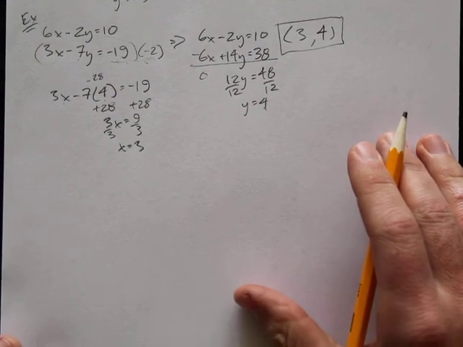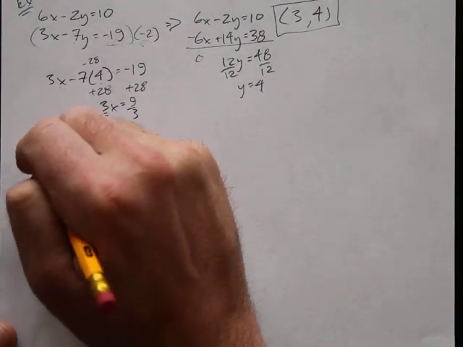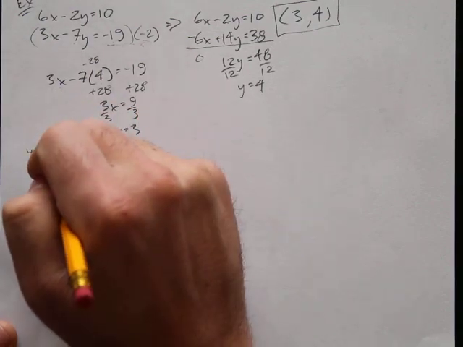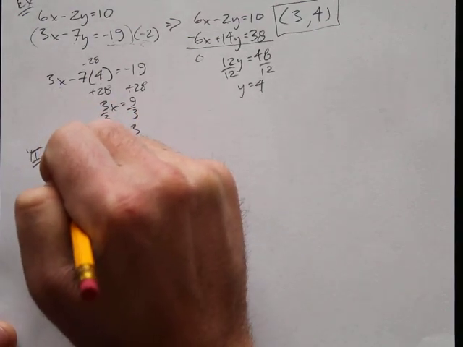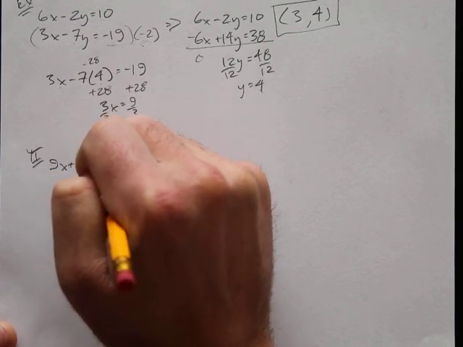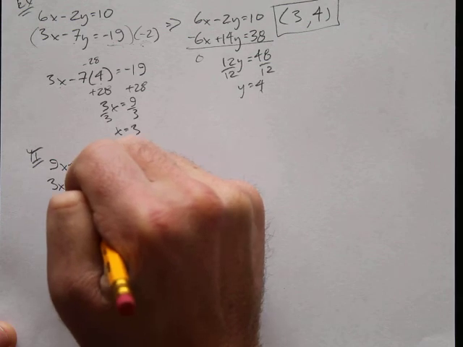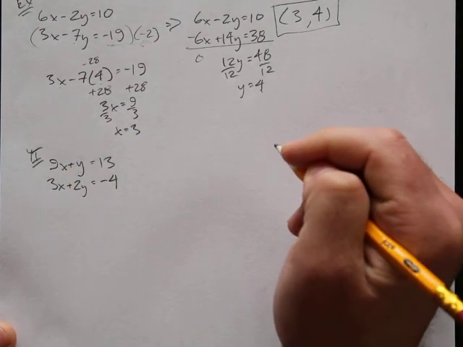All right, let's have you guys do one without me. Or maybe two. I'm going to give you two to do. 9x plus y equals 13, and 3x plus 2y equals negative 4.